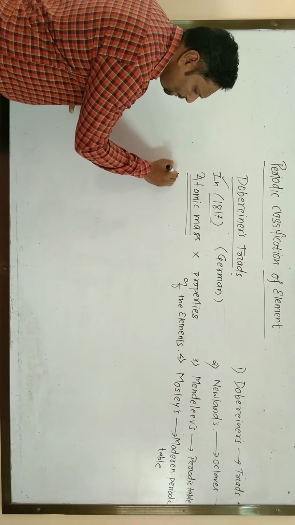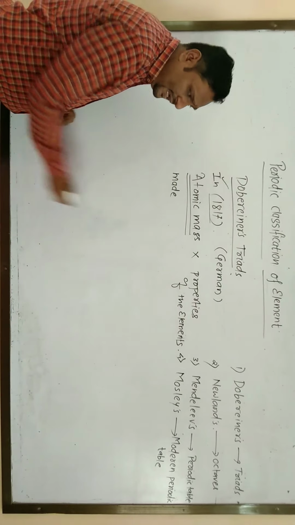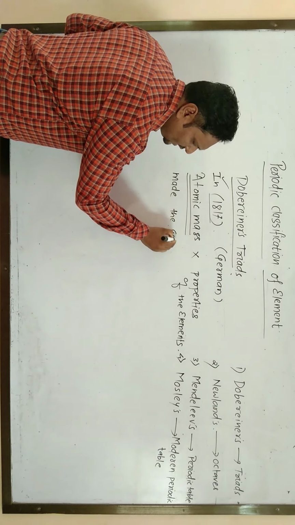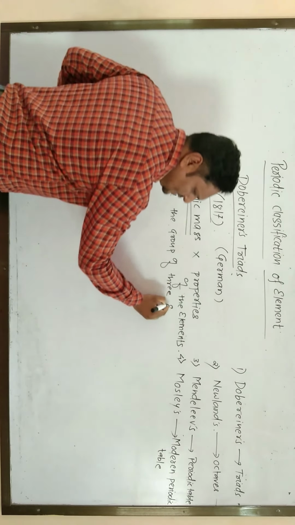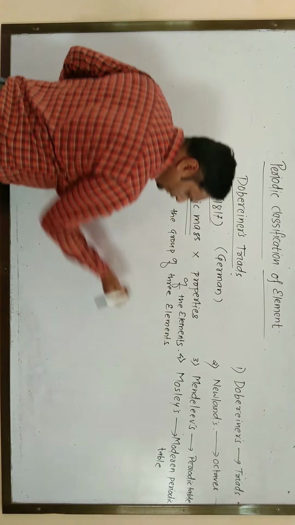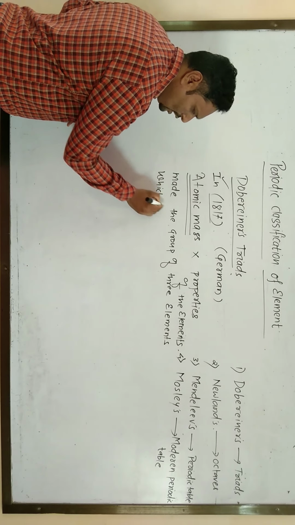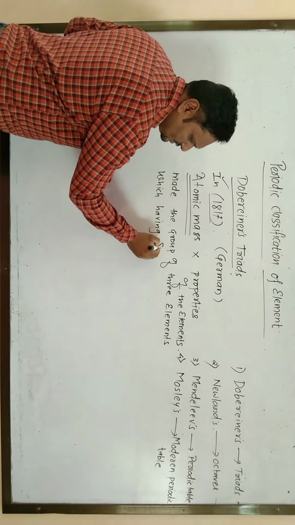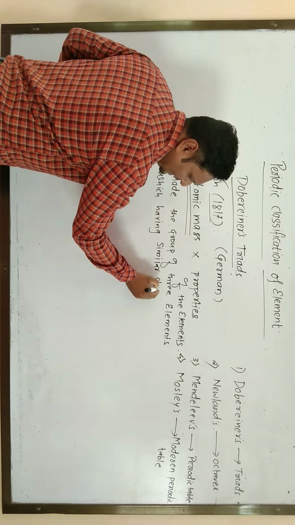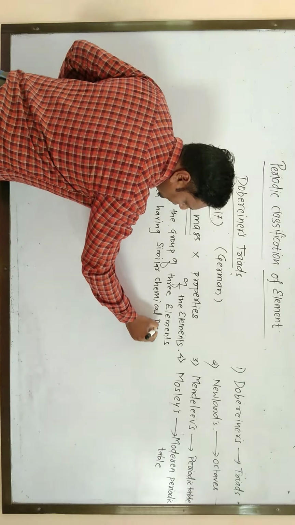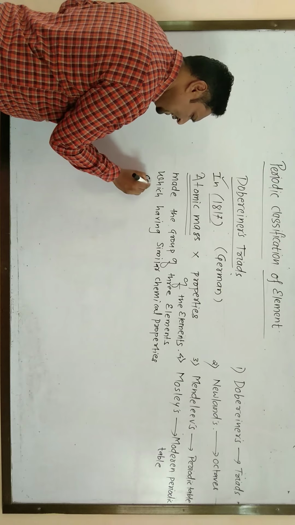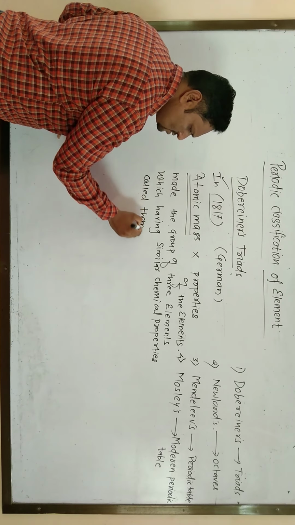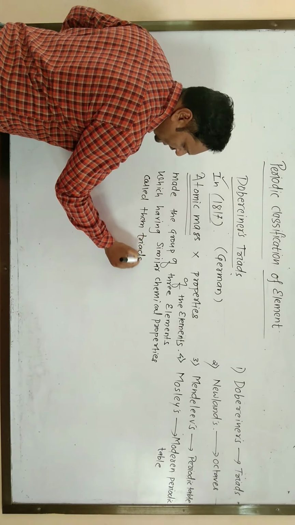So Döbereiner made groups of three elements which have similar chemical properties. He called them triads. So what is a triad? Very simple.